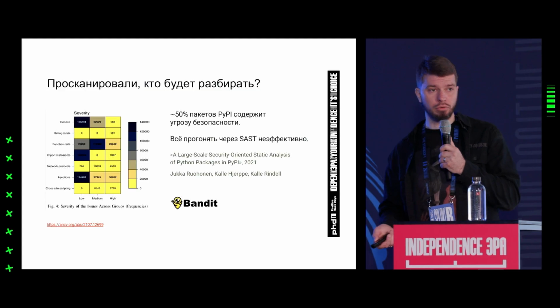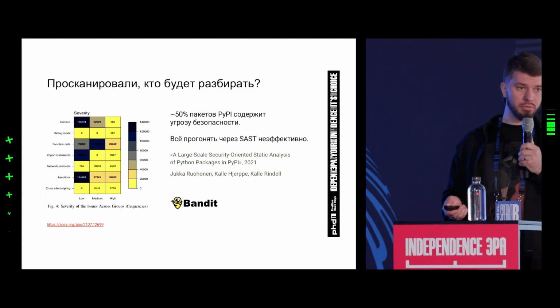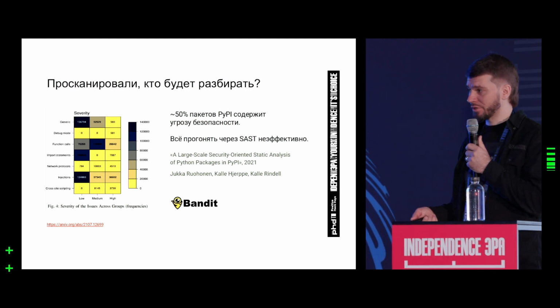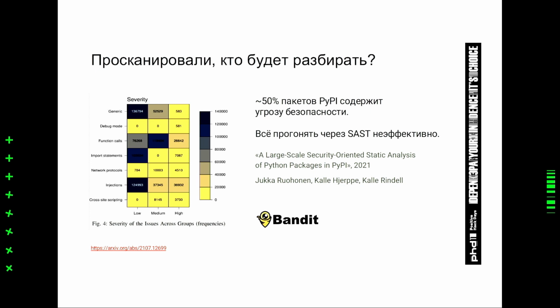But the reverse is true as well. I want to draw attention to the fact that if you scan all of your open source, which is a big chunk of your codebase, who's going to go ahead and analyze it? In the year 2021, they took all the PyPI packages and put SAST on top of it.